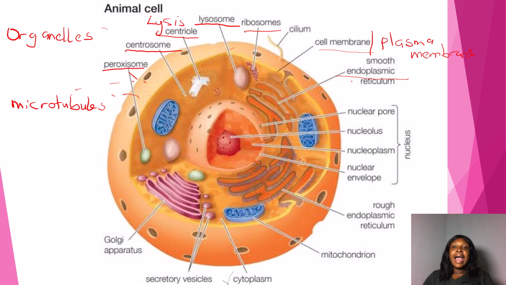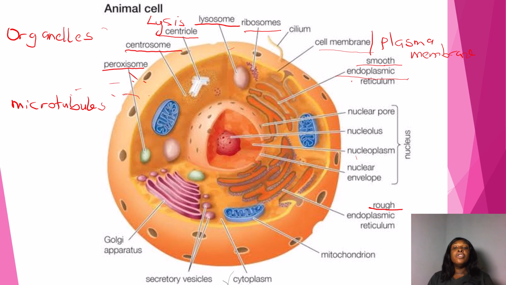But here we have a smooth endoplasmic reticulum and a rough endoplasmic reticulum. A smooth endoplasmic reticulum is a site that does not have ribosomes attached to its surface, while the rough endoplasmic reticulum has a rough surface on which ribosomes are attached.